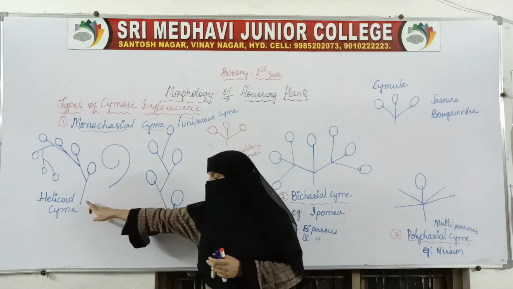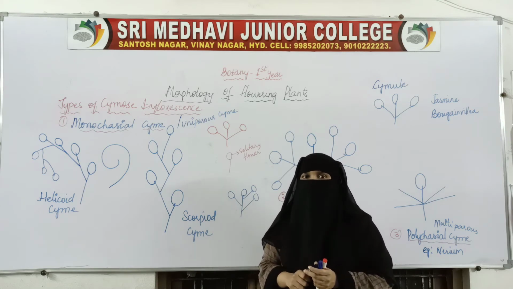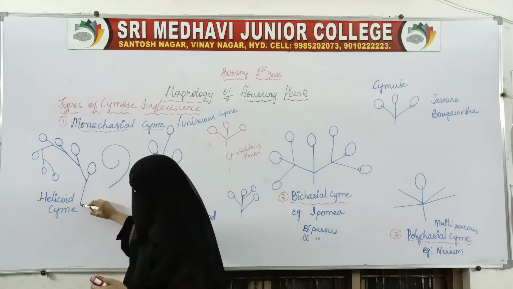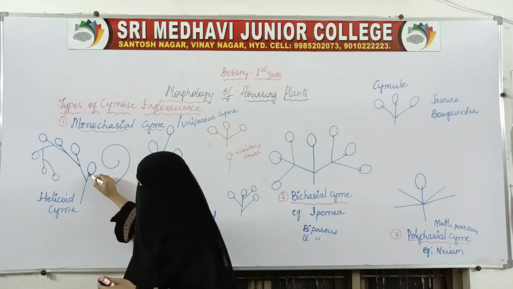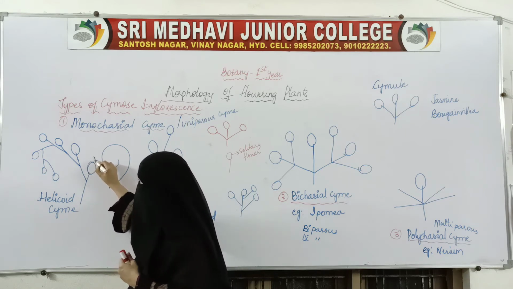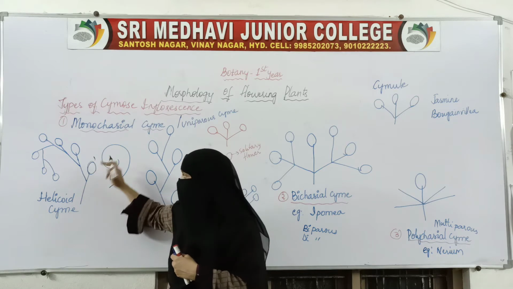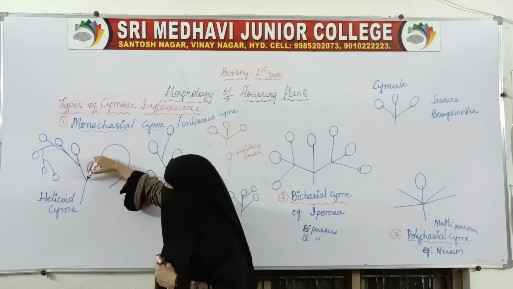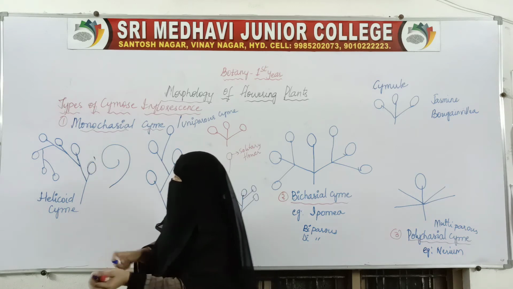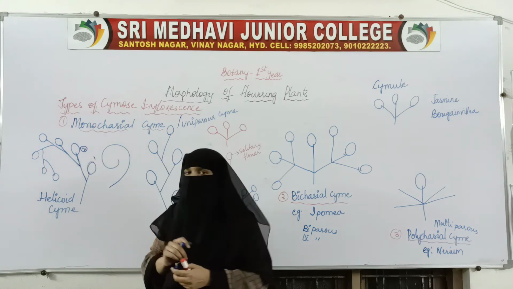Here in monochasial cyme, we have two different types: the helicoid cyme and the scorpioid cyme. For example, this is the main branch terminated into a flower, the first one. From this a new branch is arising and it is also terminating with a flower.